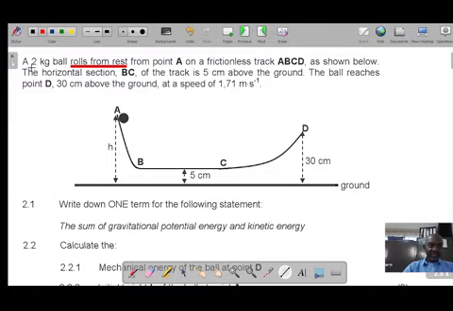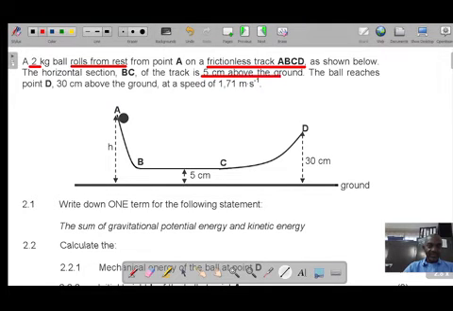The mass is 2 kg. From a point A on a frictionless track, so underline the word frictionless, track ABCD as shown below. The horizontal section BC of the track is 5 centimeters above the ground. That's the height of BC.